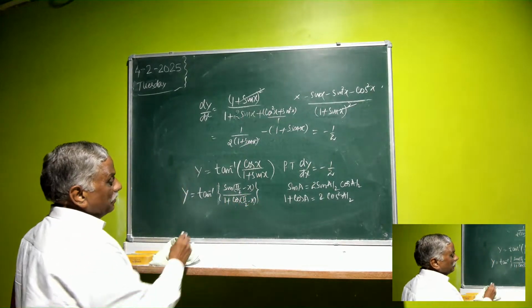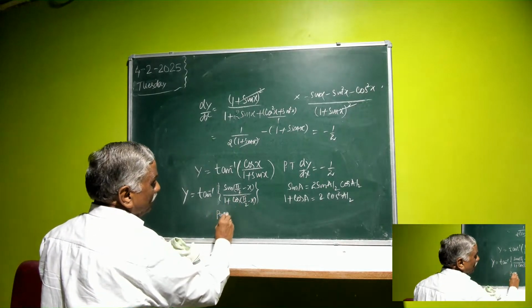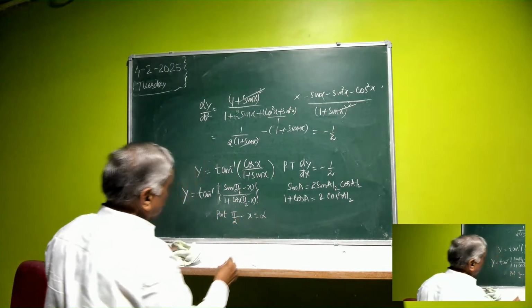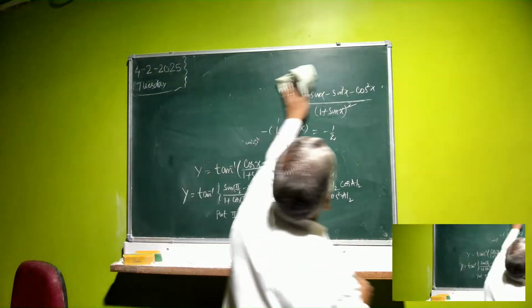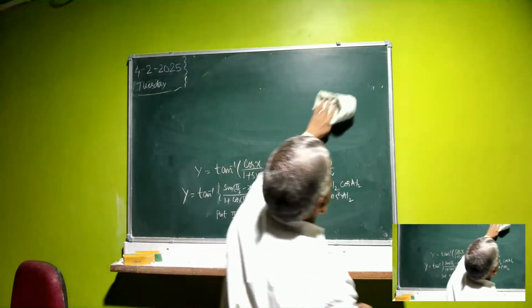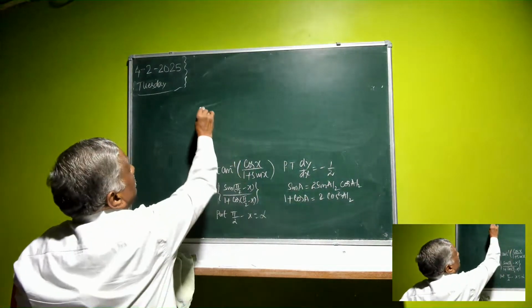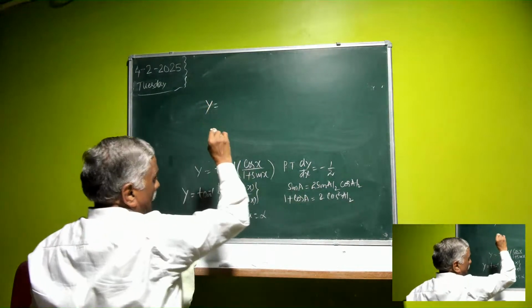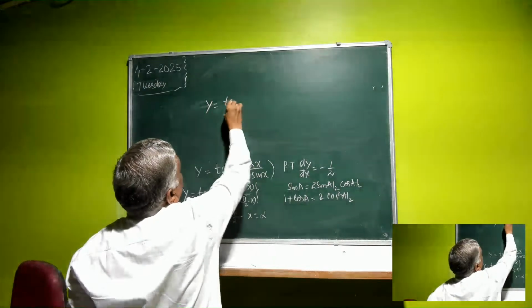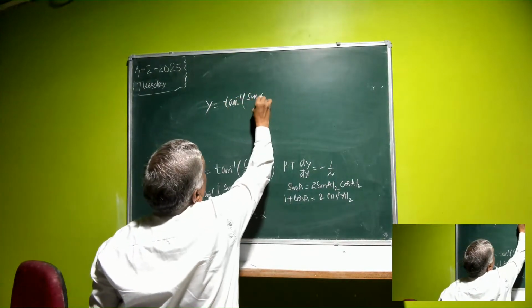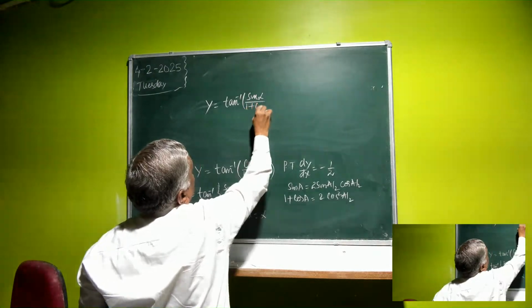For our understanding, we will say put pi by 2 minus x equals alpha. Only for our understanding, working becomes easier. Every time instead of writing pi by 2 minus x, I am making my work easy by writing it as alpha. So y is equal to tan inverse of sin alpha over 1 plus cos alpha.